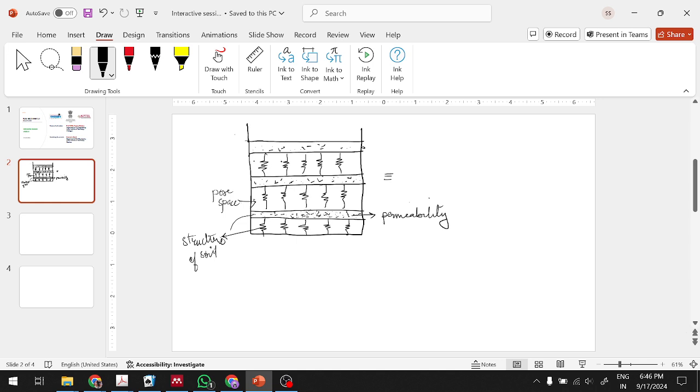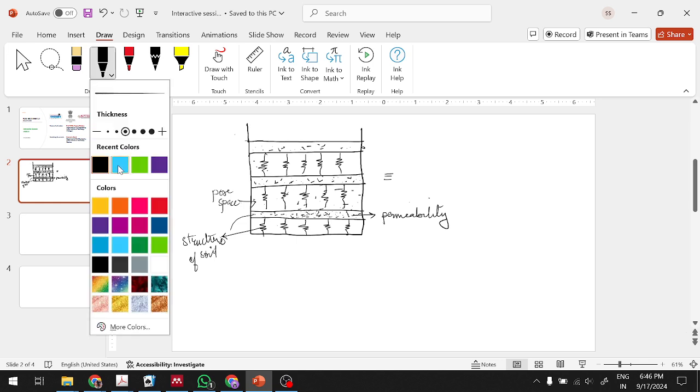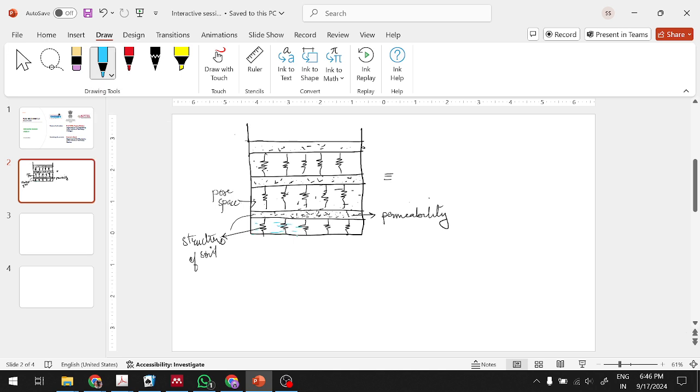So if the pores are completely filled with water, let us say that it is in a saturated condition. Now the pores are completely filled with water. It is saturated.